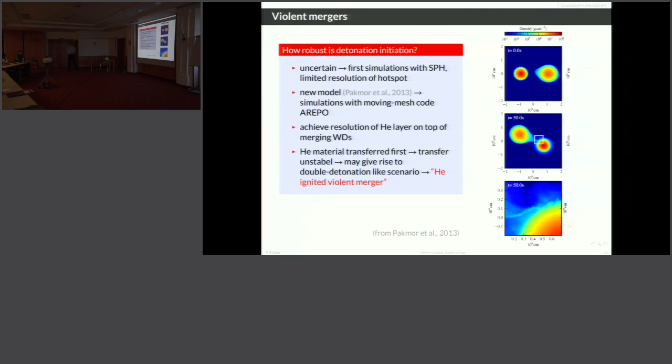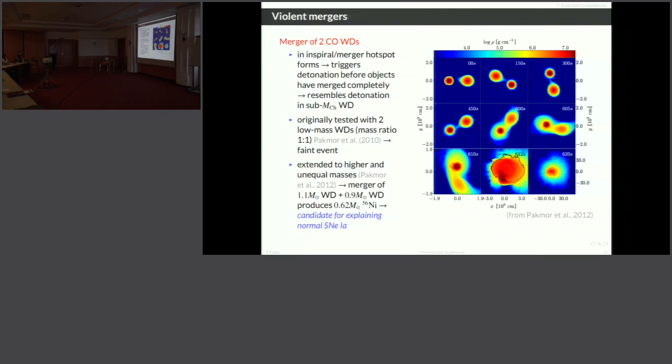The big question in this scenario is, of course, whether or not in this violent merger scenario you achieve conditions to trigger the detonation in the in-spiral and merger phase. And so originally we argued that this was actually just achieved by heating up the material where the secondary plunges into the primary. It's not clear whether this is a robust mechanism, so it's hard to resolve this in SPH simulations.